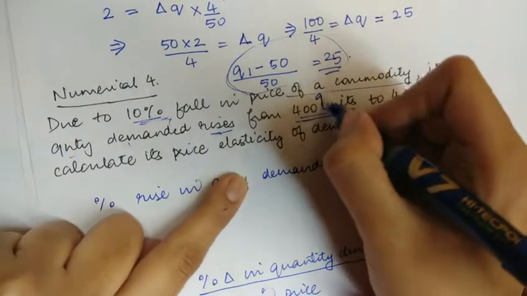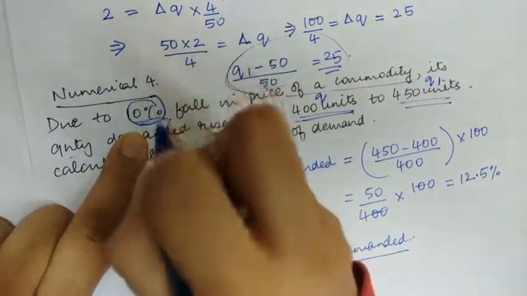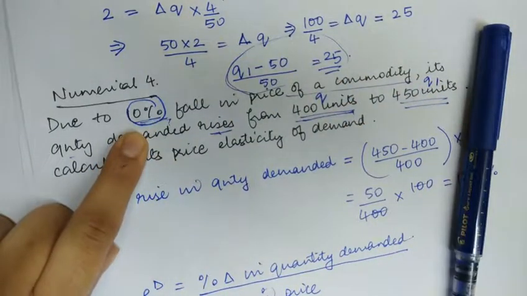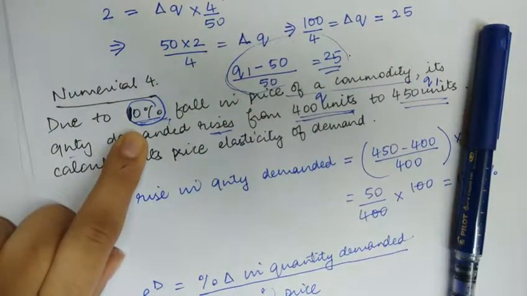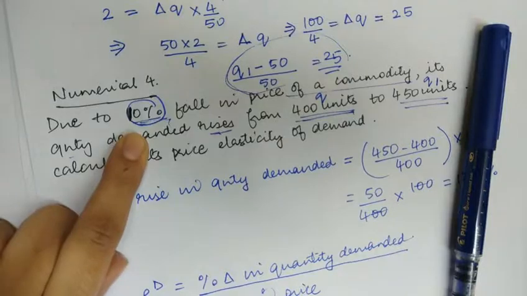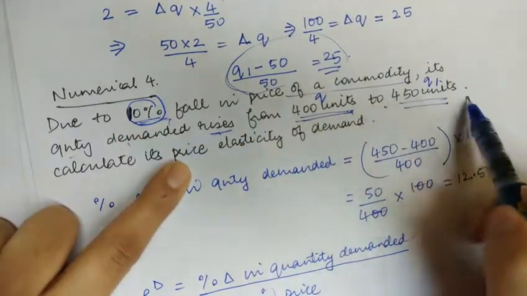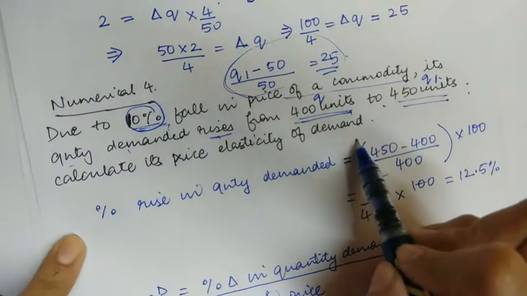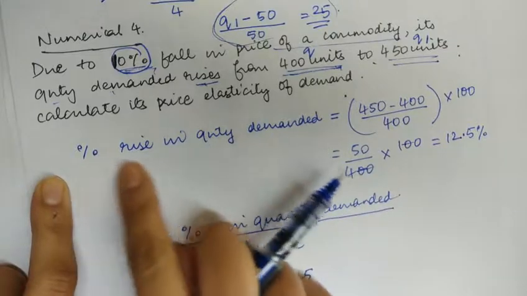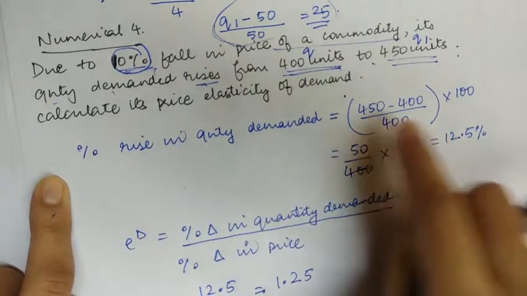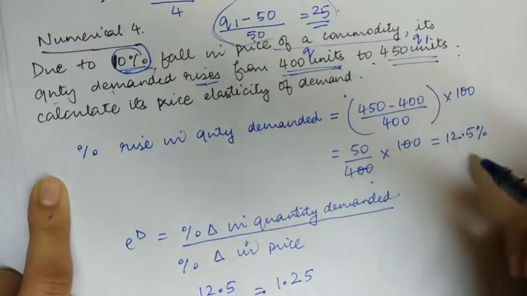That is, this is Q, this is Q1, and this is the percentage change in price of the commodity, 10%. Calculate the price elasticity of demand. To solve this, we will first solve the percentage rise in quantity demanded, because we already know the percentage fall in the price. So this will come out to be 12.5%.